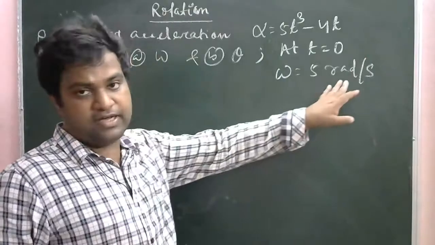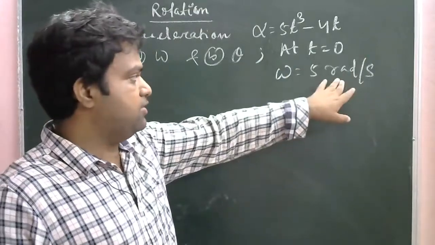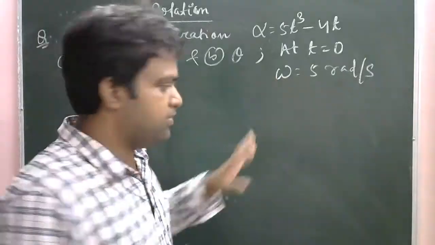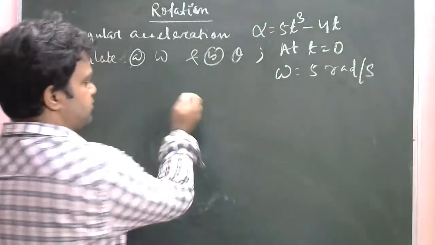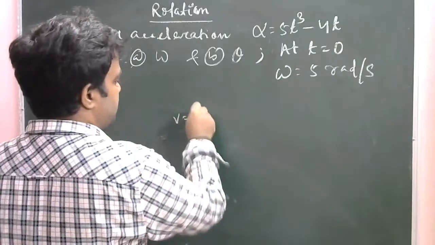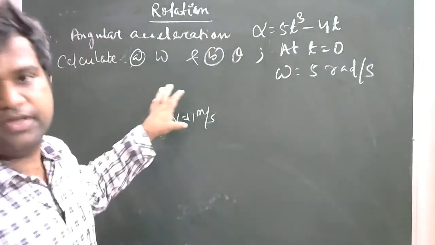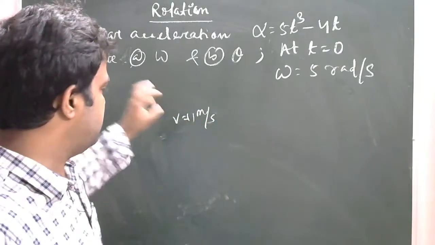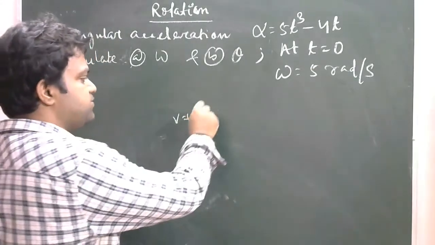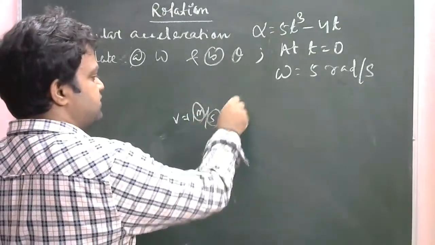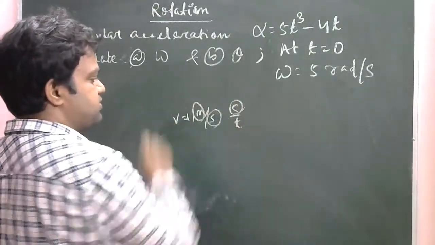What is radian per second? Radian per second is the unit of angular velocity. Like in linear velocity, the unit is meter per second, because displacement is measured in meter, velocity is s by t, right? S is meter, t is second.